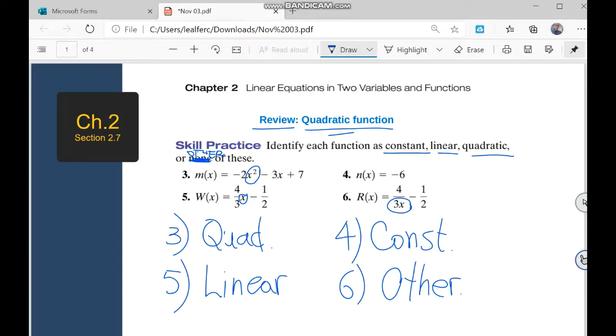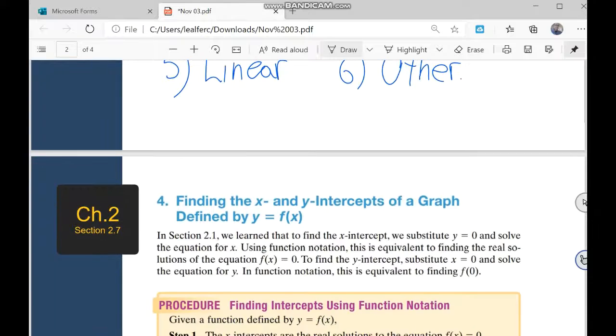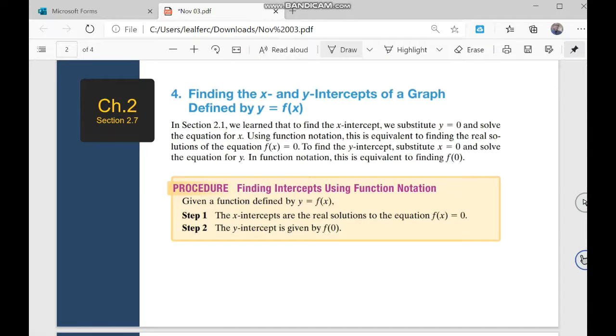And we are ending chapter 2. This is probably one of the last topics that we're going to see: how to find the x- and y-intercept of a graph defined by y equals f of x. We have seen this before, applied to equations. If you have an equation, you can find the y-intercept and the x-intercept, because this is x, this is y.